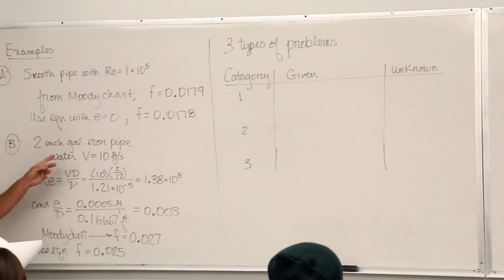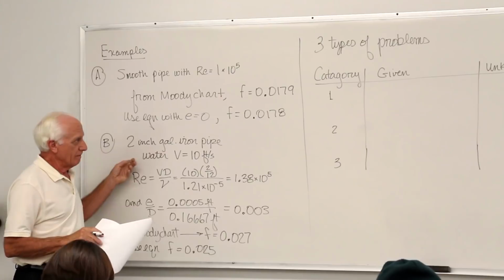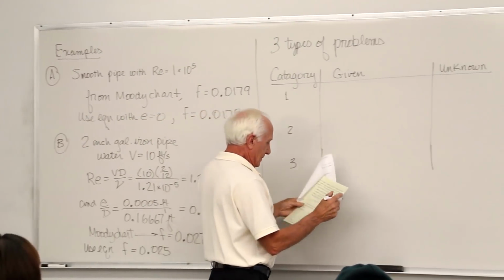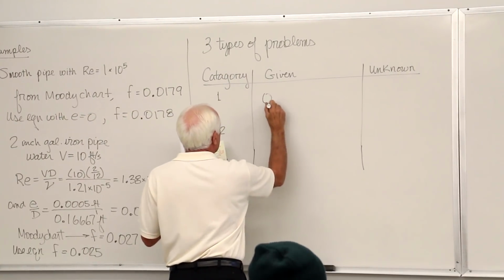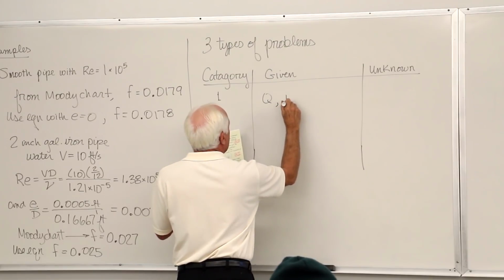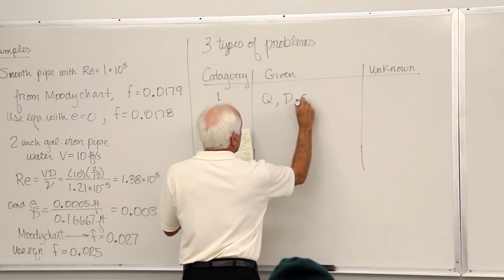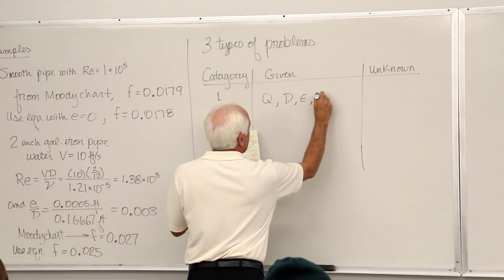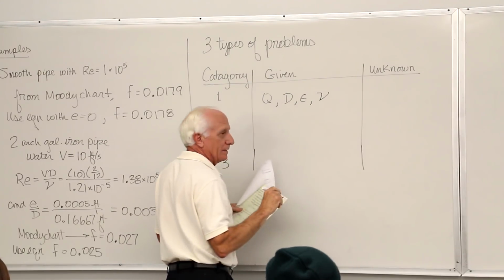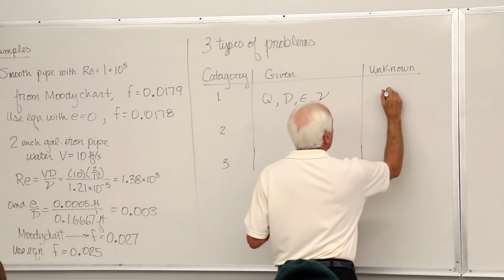This is like a category 1 problem when I worked here. I'm given, for instance, Q, the flow rate, the diameter, the relative roughness, and the kinematic viscosity. And I'm asked to find the head loss.